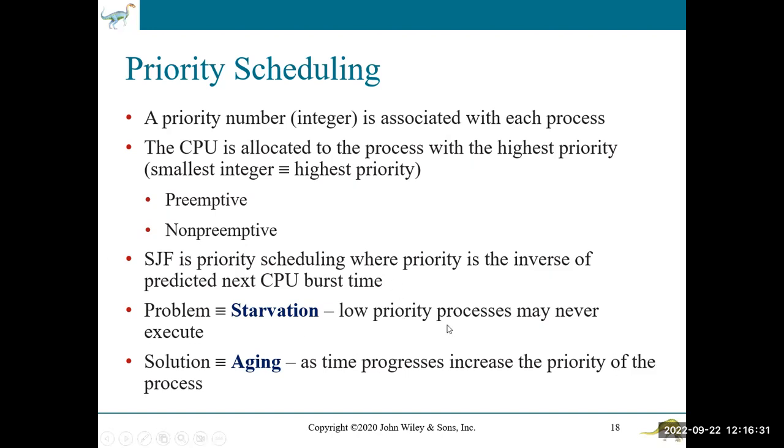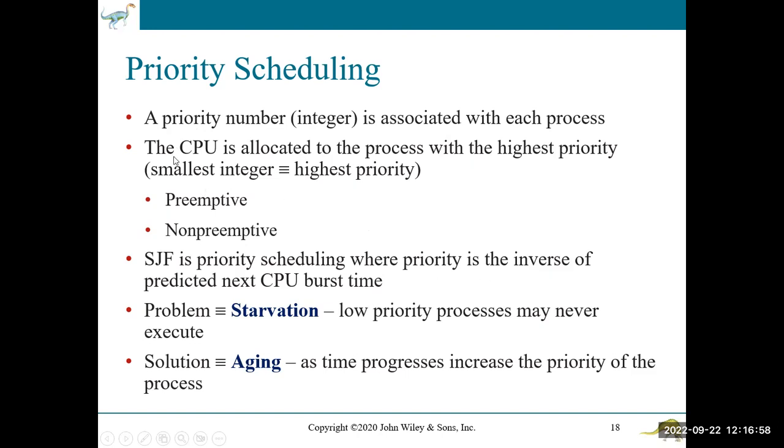Let's say that there's a low priority process and it's not getting any attention. For each cycle that it doesn't get play with the CPU, its priority is increased iteratively, right? So as you age a process, its priority increases.